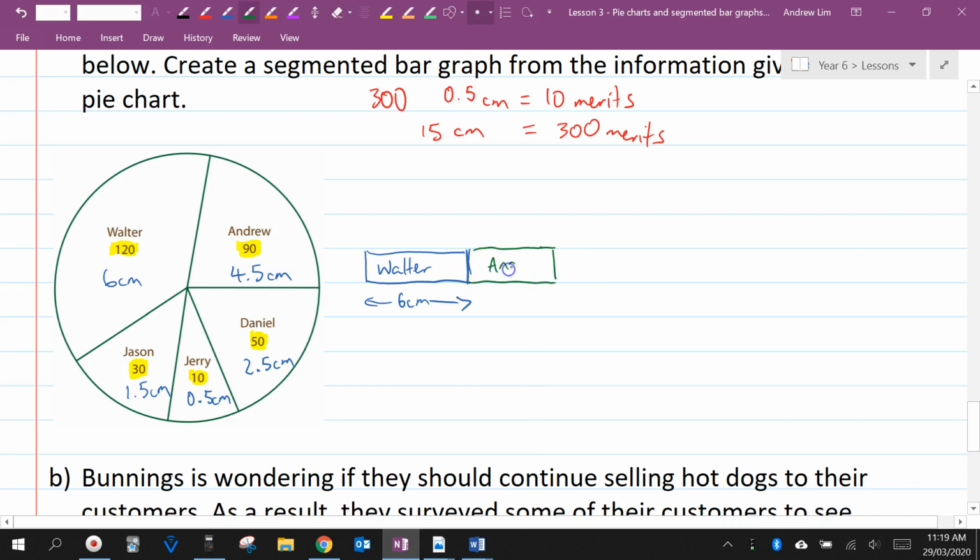And that's Andrew. And that's 4.5 centimeters. Daniel is 2.5 centimeters. Okay, so that's 2.5 centimeters. We had Jerry, which is 0.5 centimeters. And we have Jason, who is 1.5 centimeters.